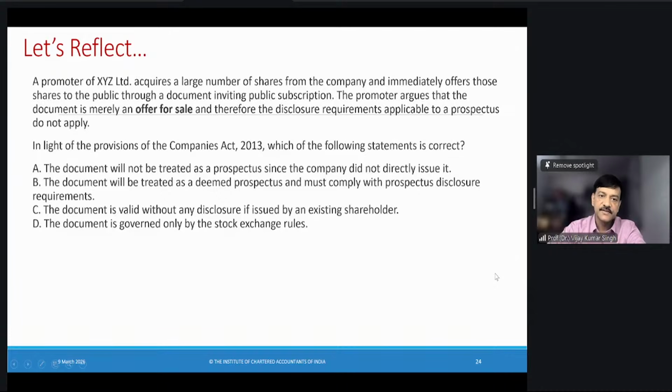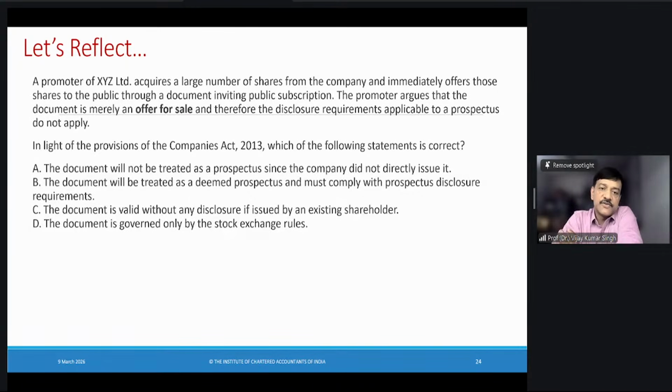So let's reflect here. This particular question, anyone read? You can read here. The promoters of XYZ Limited acquire a large number of shares from the company and immediately offer those shares to the public through a document inviting public subscription. The promoter argues that the document is merely an offer for sale and therefore the disclosure requirements applicable to a prospectus do not apply.